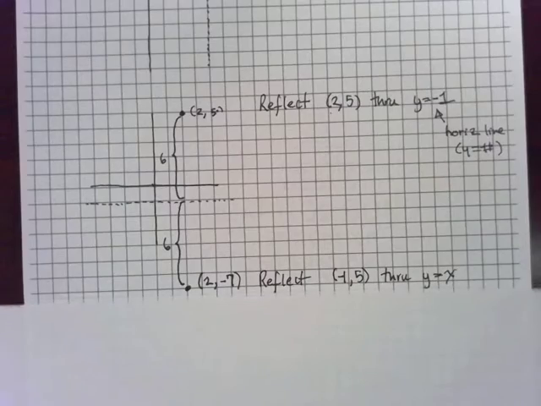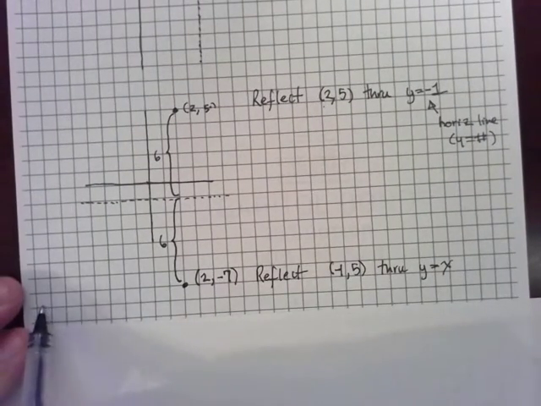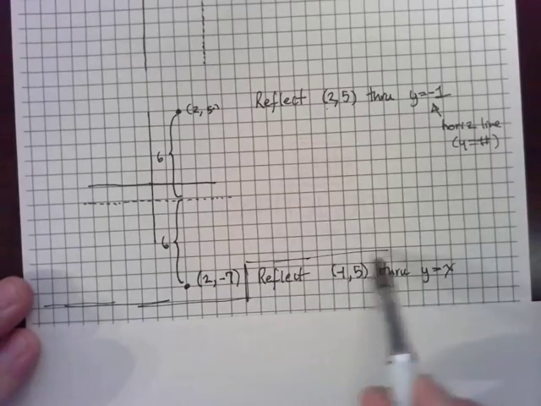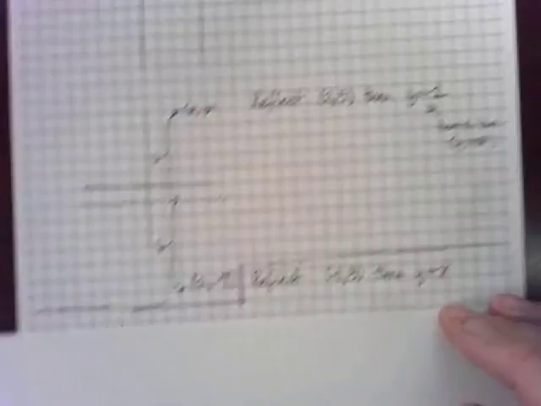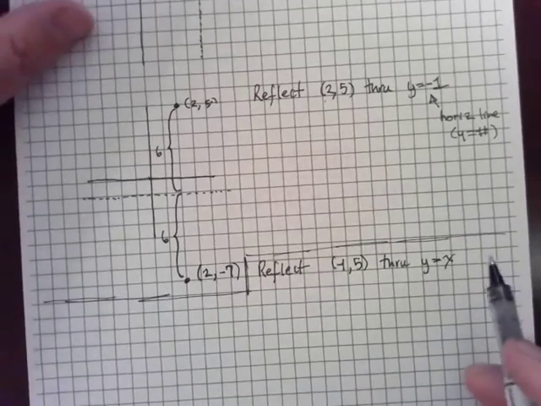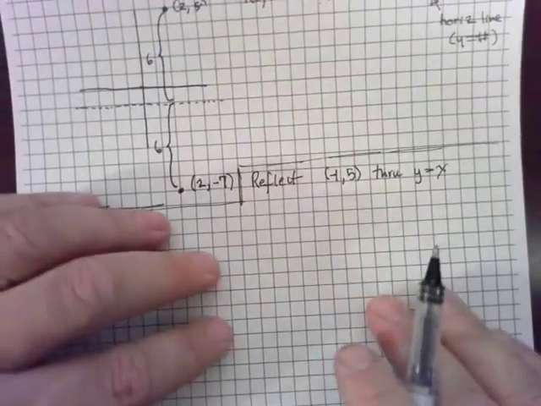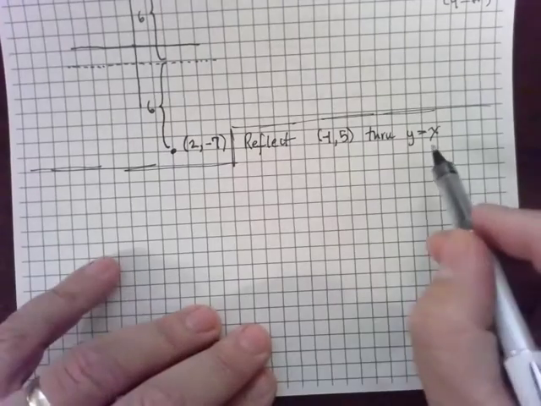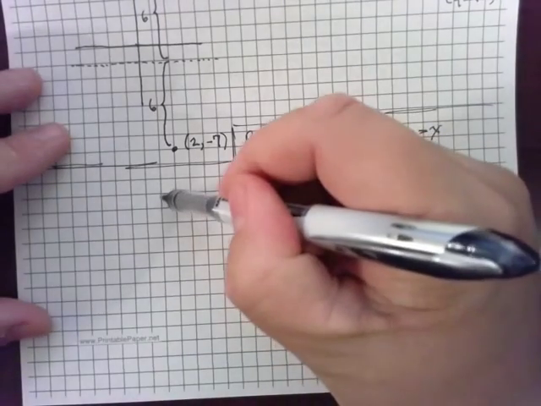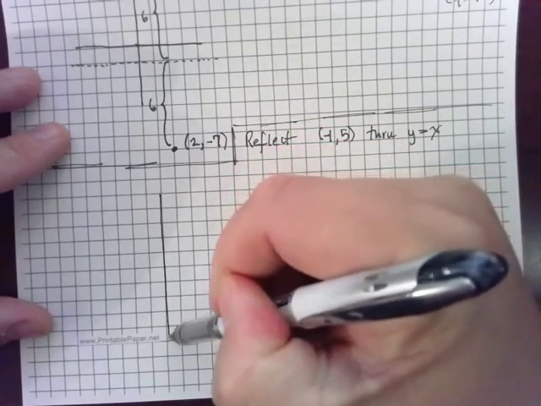Okay. The last type of reflection that I want you to be able to do is through a very special line, and this is important in pre-calculus. We're going to reflect through the line y equals x. So what line is that? Let me draw.